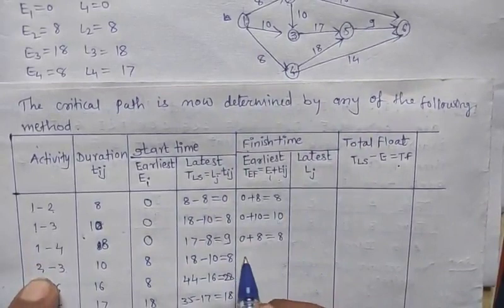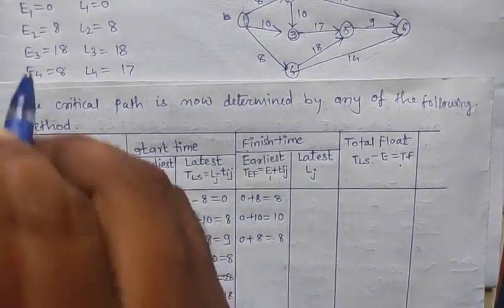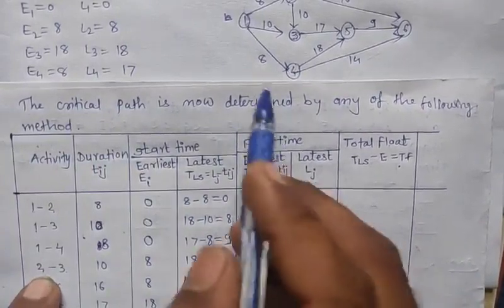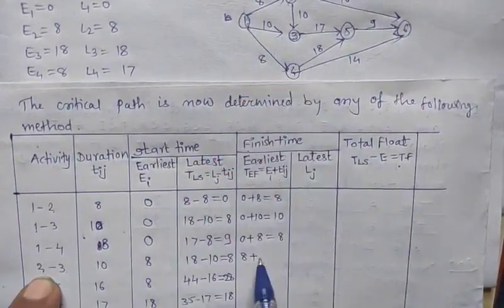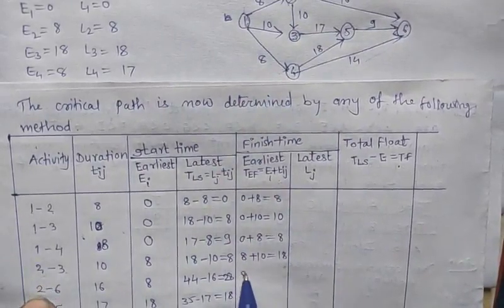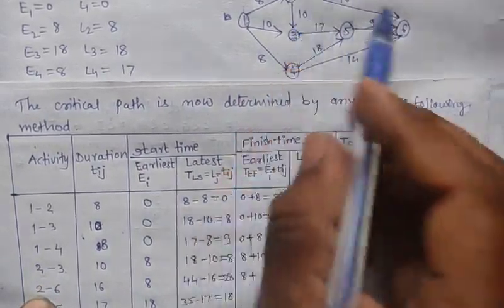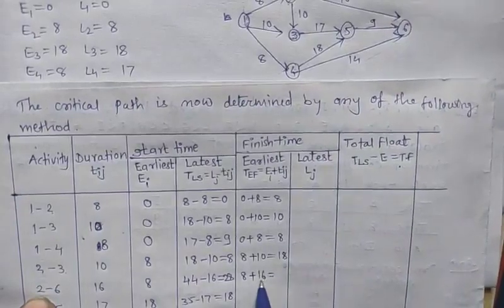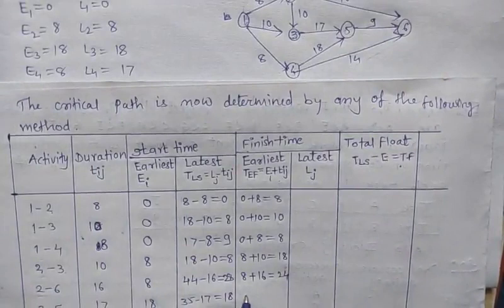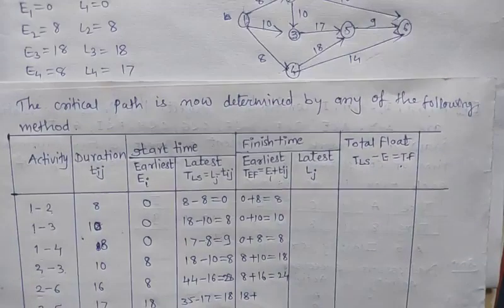Next E2, so value of E2 is 8 plus T23, distance 23 is 10, which is equal to 18. Next E2 is 8 plus distance T26 is 16, which is equal to 24. Next E3 is 18 plus T35.